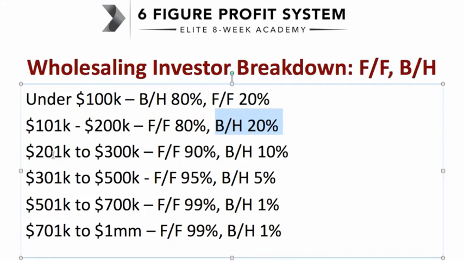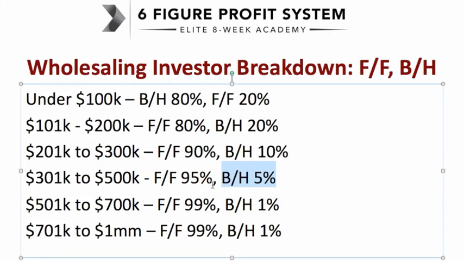So as you go up, you're going to now wholesale mostly to fix and flippers and less to buy and hold. When you get to the 200 to 300, 90% of them that you're going to wholesale to are going to be fix and flippers. Of the available investors, about 10% still do buy and hold between 200 to 300. And then it just keeps going down from there. So 95% of who you're going to wholesale to between 3 and 5 are fix and flippers.